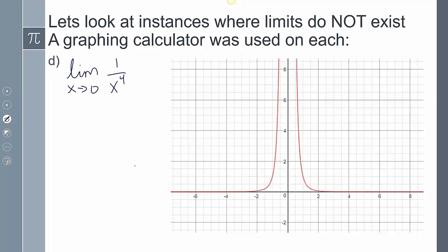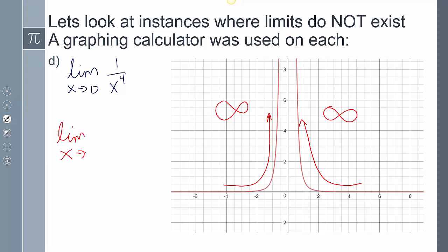On this one here, as x approaches 0 of 1 over x to the fourth, same thing. We're approaching from the left hand, it's going to go up to infinity. Approaching from the right hand, it's going to go up to infinity. Now, yes, the limit as x goes to 0 from the negative, we can conclude that's infinity. The limit as x goes to 0 from the positive, well, that goes to infinity.